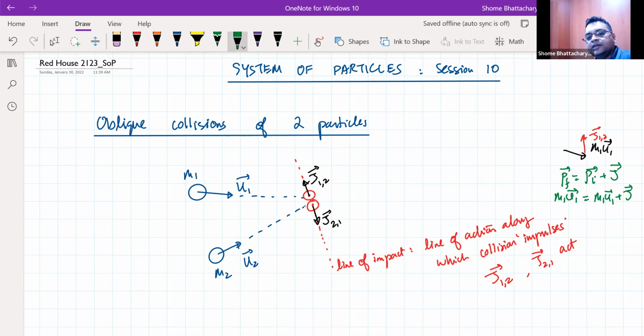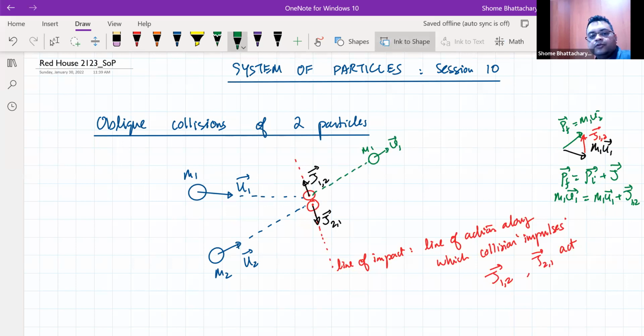So in the vector diagram that I'm trying to draw, if the impulse is like this, then the final momentum should be in some direction like this. So the final velocity of this one will be in some direction like this, and after impact, it will go off like this.